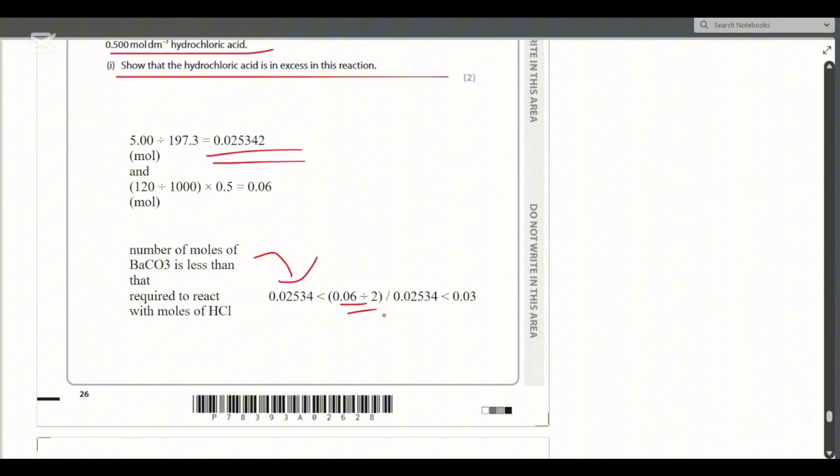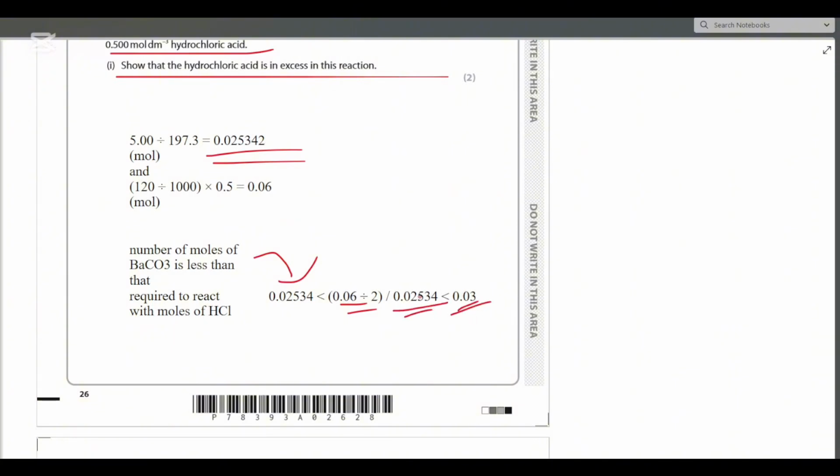As you can see very clearly, that is 0.03, and 0.0234 is the barium carbonate moles. That's less than the amount of HCl provided, which is required to react. So by seeing the values of the moles of HCl and barium carbonate, we can easily say, prove and show that the hydrochloric acid was indeed in excess in this reaction.